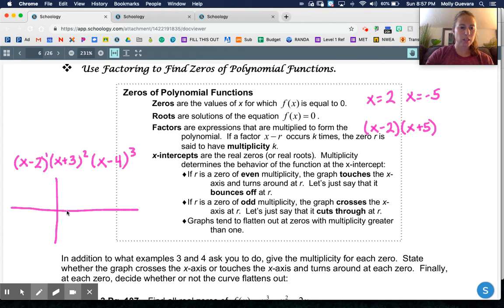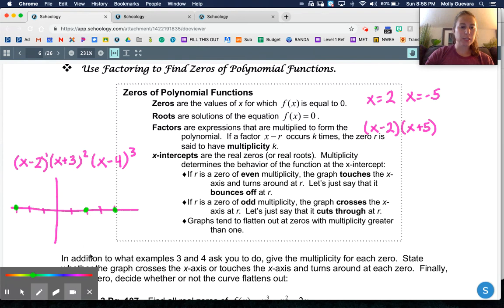Okay, so 1, 2, 3, 4. 1, 2, 3. Okay, so this tells me that I have a 0 at positive 2. Okay, awesome, right? That's right here. Woohoo. This tells me I have a 0 at negative 3. And this tells me I have a 0 at 4.